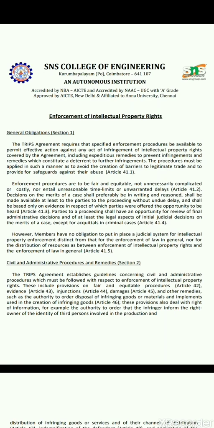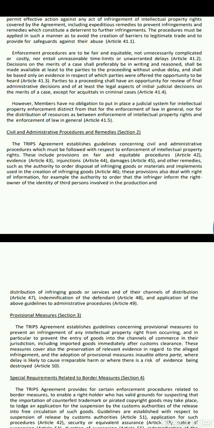These are explained in Articles 42 to 46. Article 42 is fair and equitable procedures, 43 is evidence, 44 is injunctions, 45 is damages, and 46 is remedies concerning infringing goods, materials and implements used in the creation of infringing goods.